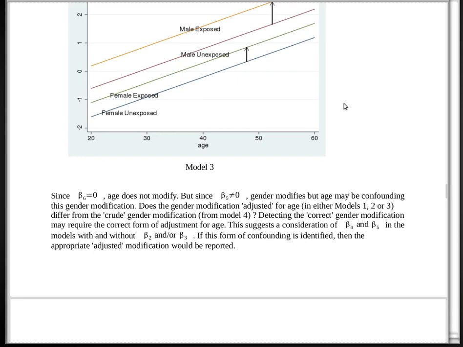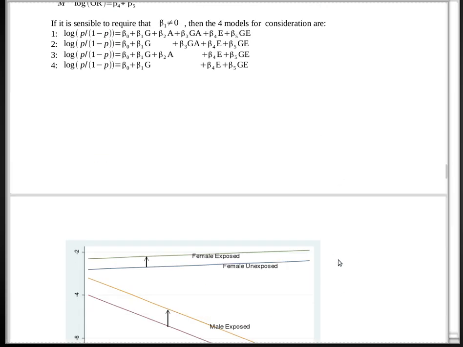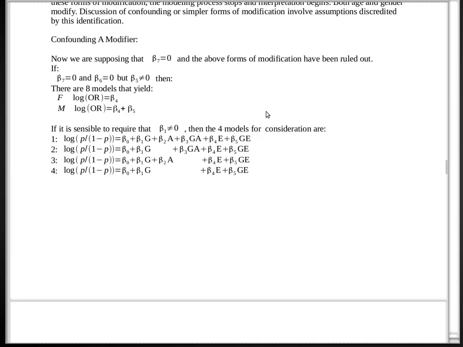Okay, so I'm giving you quite a bit of information here. This suggests that the consideration of gender modification here, okay, is about beta 4 and beta 5, okay? Typically, most crucially, beta 5.